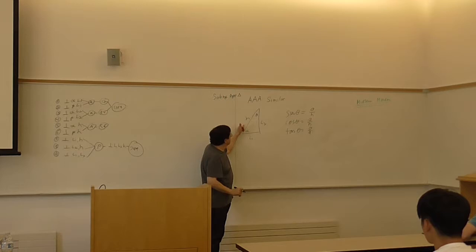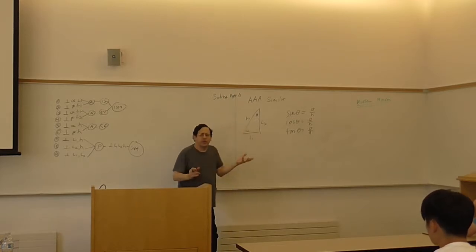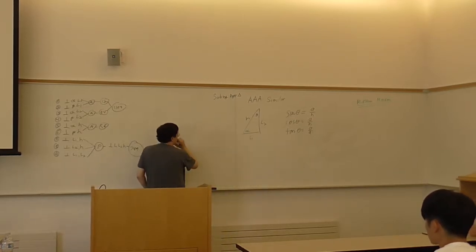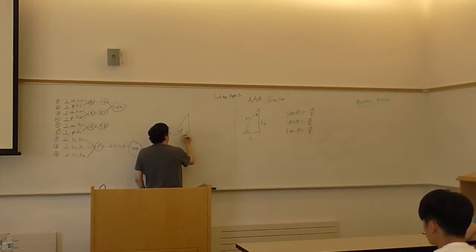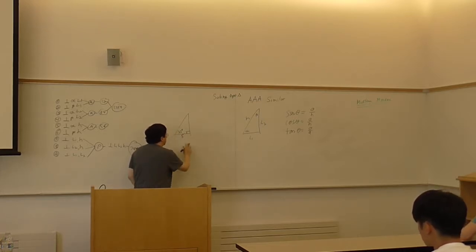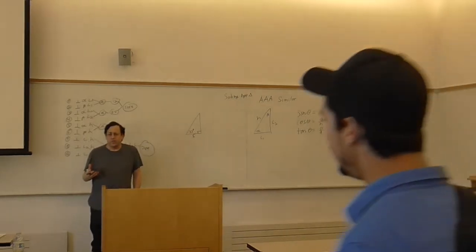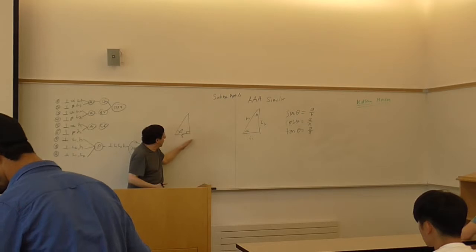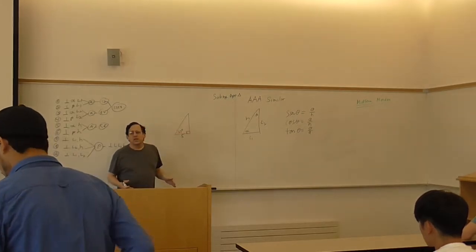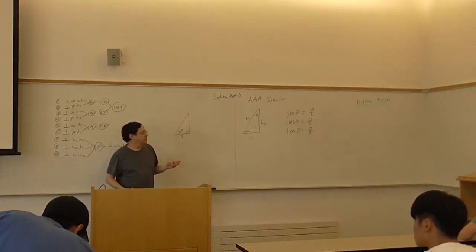I have a triangle. I could give you a specific example. Let's say I have a triangle, this is 33 degrees, and I have a right angle, and I know this side is 5. I want to figure out the other components of this triangle. I have enough information.